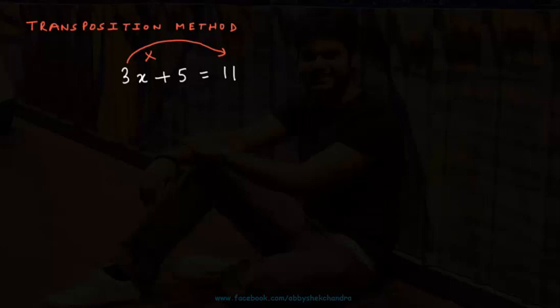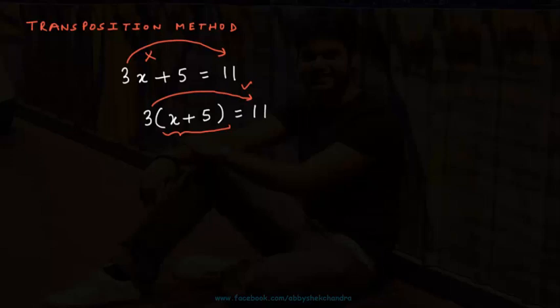Had the equation been 3 times x plus 5 in brackets equal to 11, then we could have transferred 3 first because 3 is multiplied to the remaining terms on the LHS. Note that in this equation we cannot transfer 5 first because it is added only to x and not to 3.